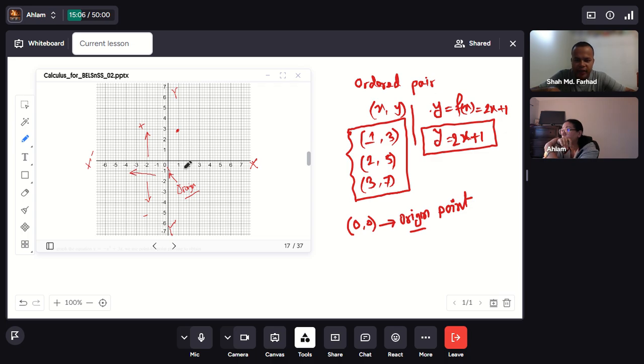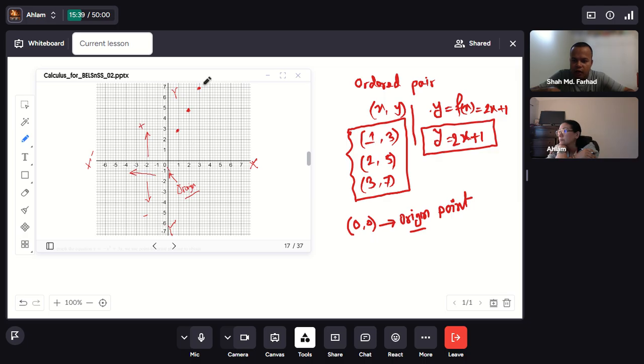Okay, and for the next one, x equals 2 and y is 5. We have to move along the x-axis first in the positive direction, then along positive y, so it will be 5 here. And then the next one is 3, 7.